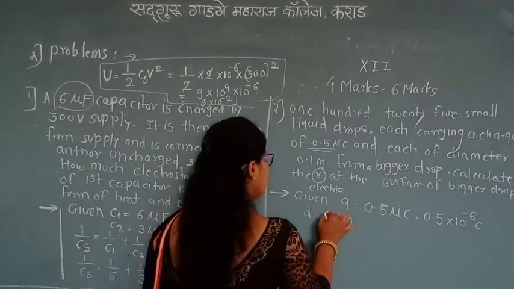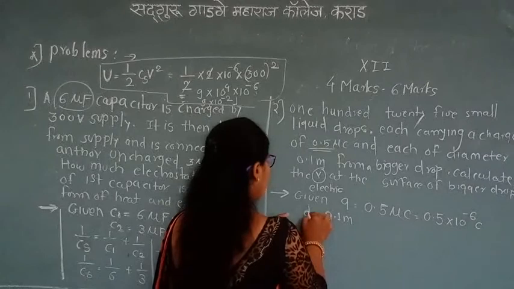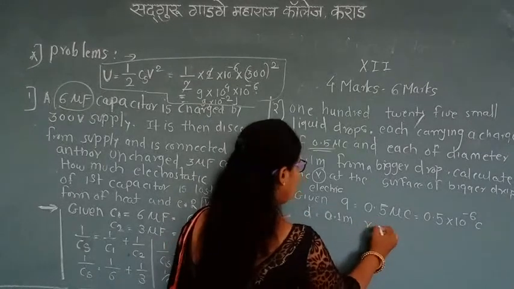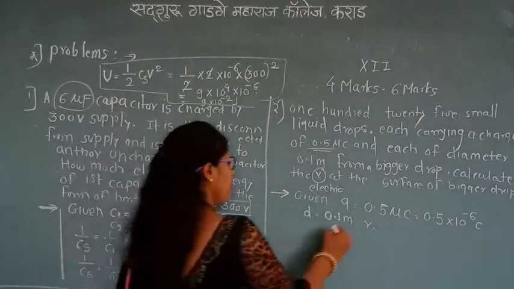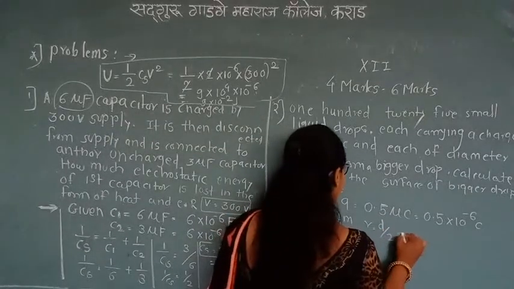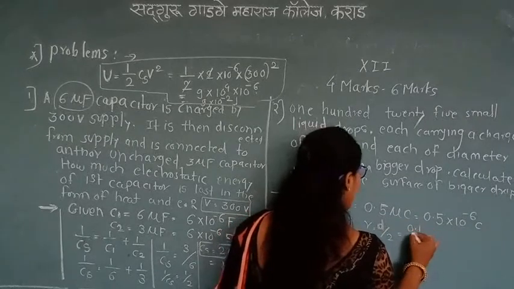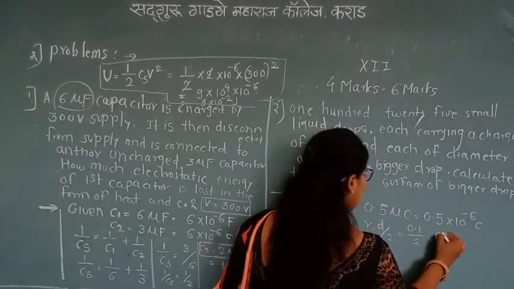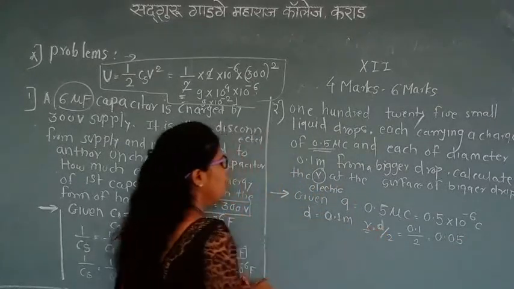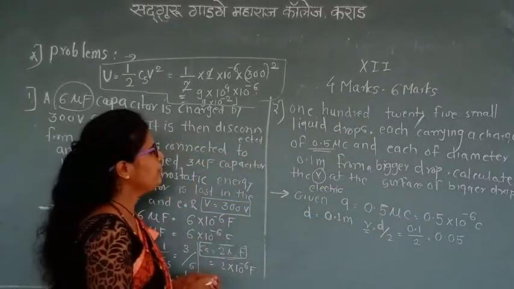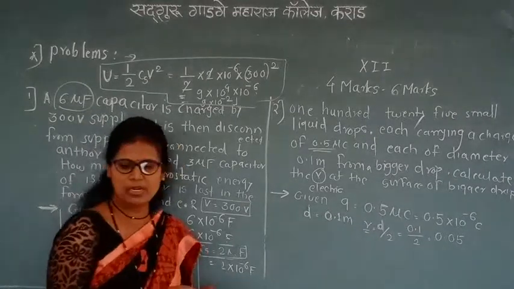Now we need the radius of the liquid drop. So R is equal to D upon 2, half of the diameter: 0.1 upon 2 gives 0.05. We get the radius value. Now we have to calculate the electric potential at the surface of the bigger drop.